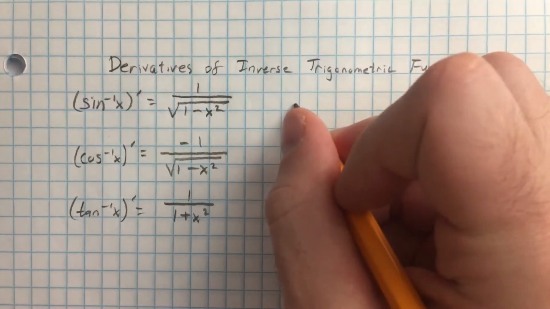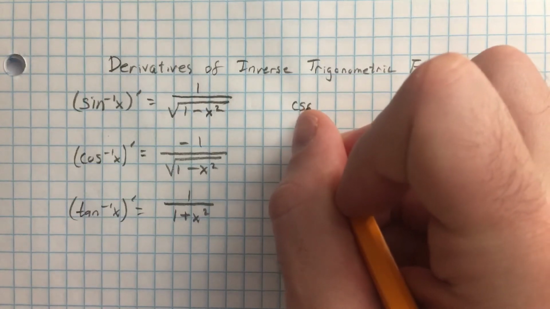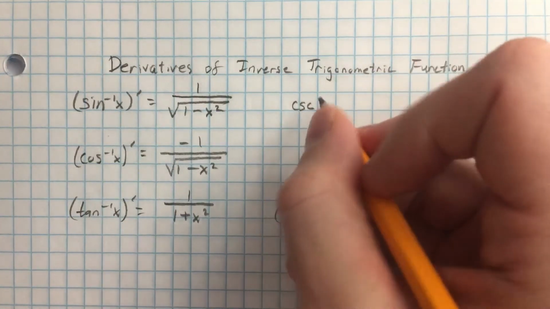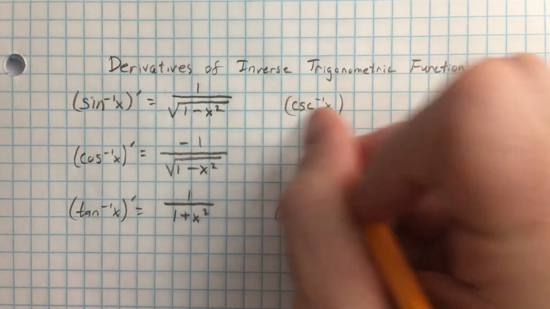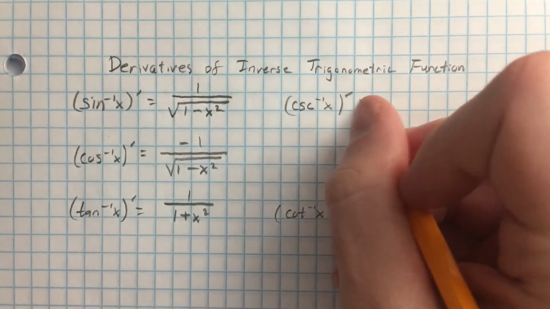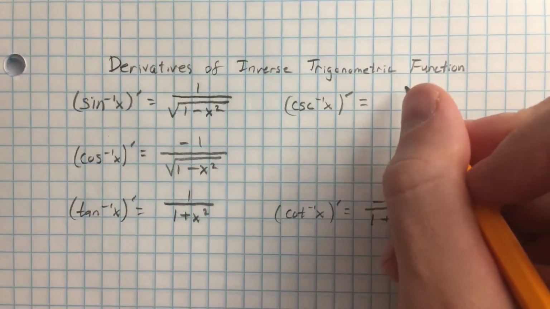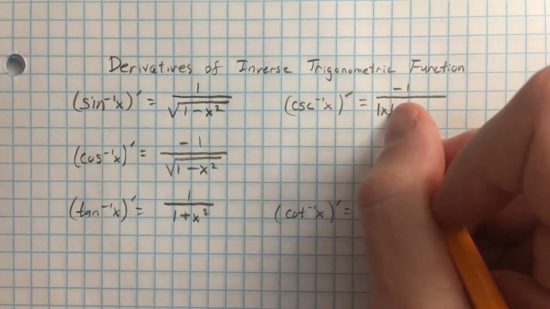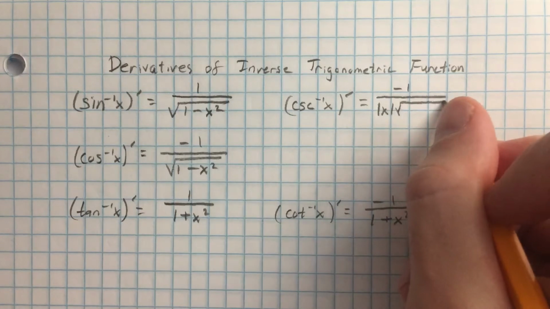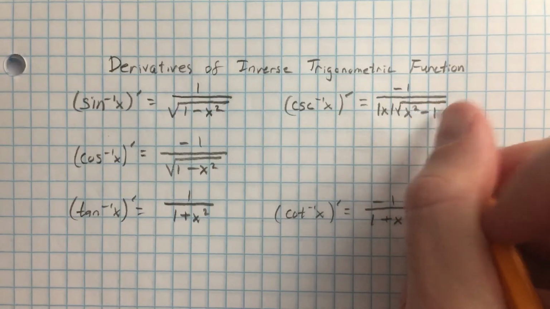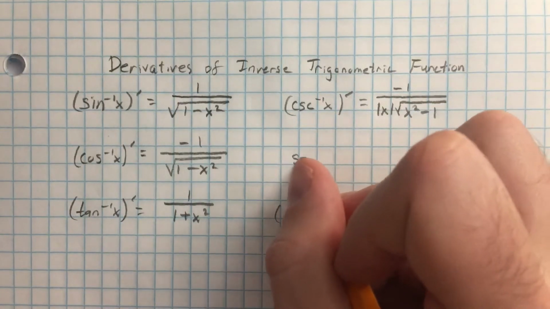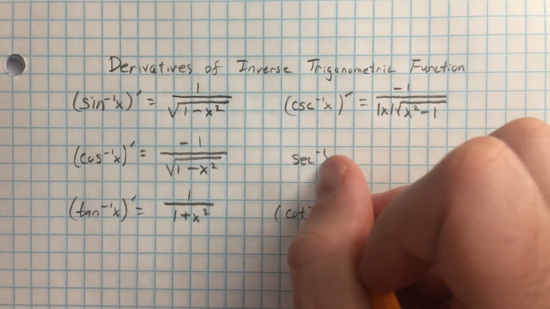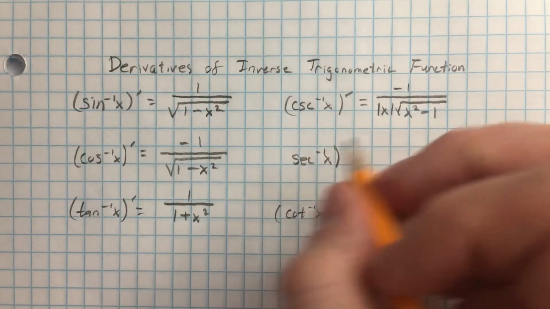So now we have cosecant inverse x prime is going to be negative 1 over magnitude x root x squared minus 1, and then secant will be the negation thereof, which really means it'll be a positive 1 above.